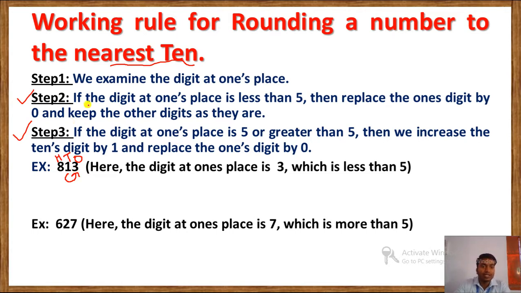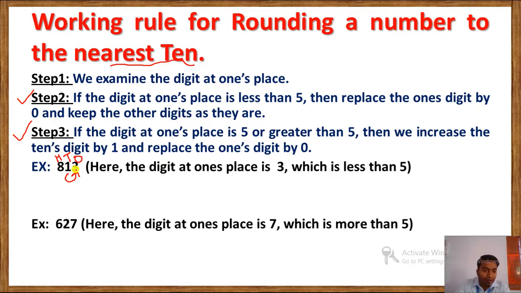Now we have to check whether it is 5 or more than 5 or not. Clearly you can see this 3 is less than 5, so we follow this step. If the digit at ones place is less than 5, then replace the ones digit by 0.